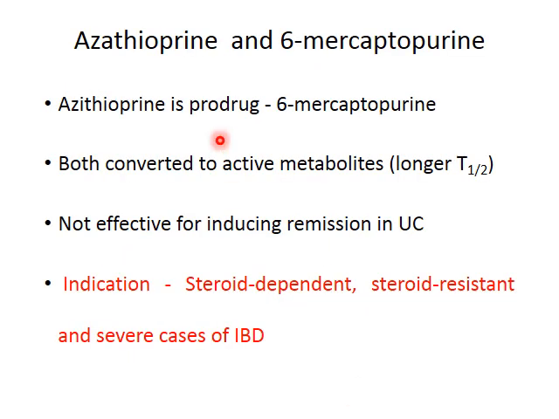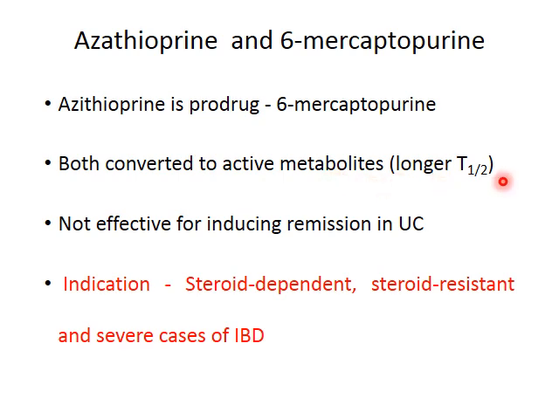This is azathioprine and 6-mercaptopurine. Azathioprine, as such, is a prodrug which is converted to its active metabolite, known as 6-mercaptopurine. So both can be used interchangeably. As such they are ineffective, but both get converted to their active metabolite, and these active metabolites have a longer plasma half-life.